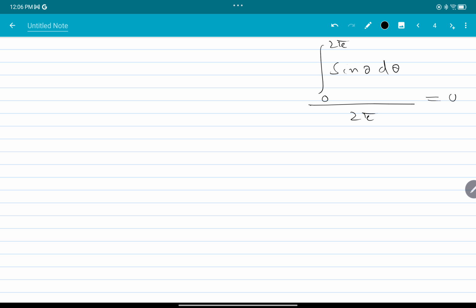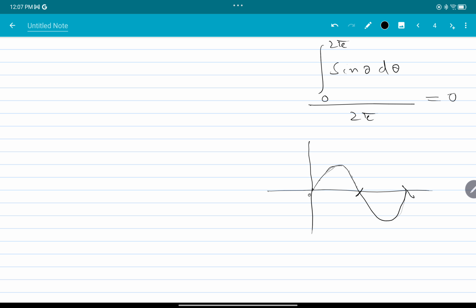Why will it be 0? Because you can check. There are two ways you can understand why it should be 0. One is a simple intuitive way: you can think of why its average value is 0, because it has so many values, half of them are positive, half of them are negative.